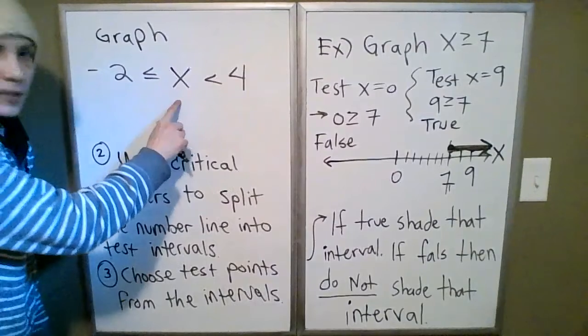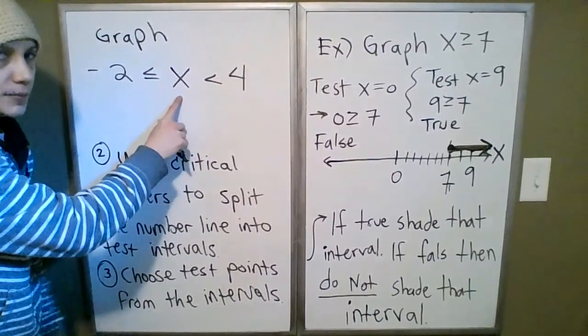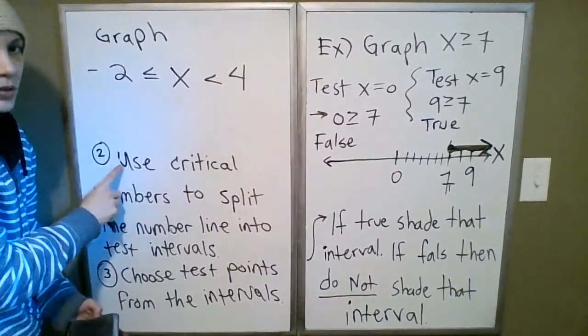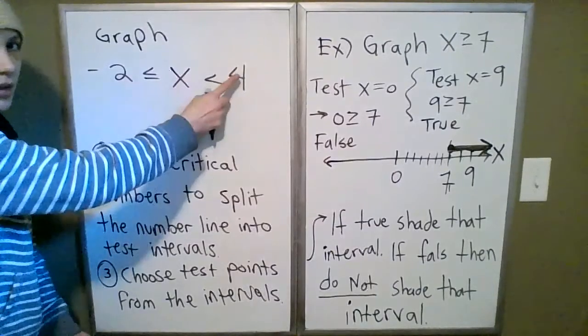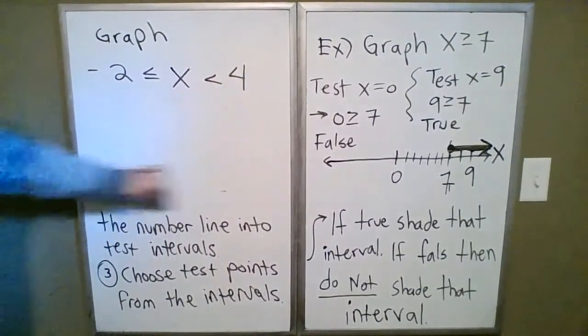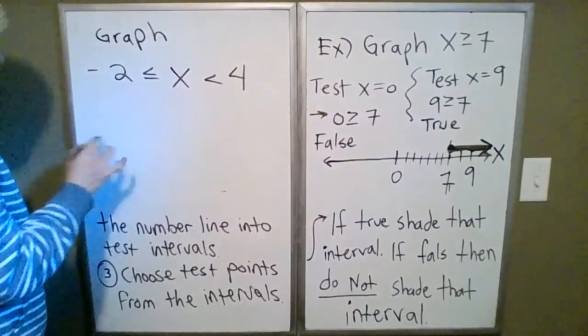Okay, your variable is already isolated. So if step 1 is solve for the variable, step 2, use critical numbers like -2 and +4. Put those numbers on a number line.